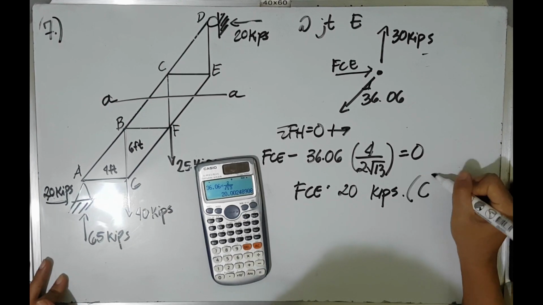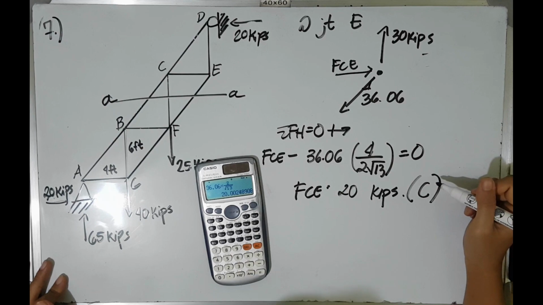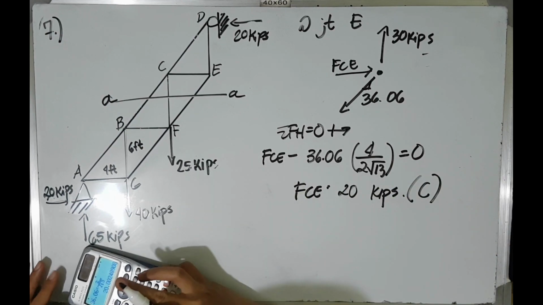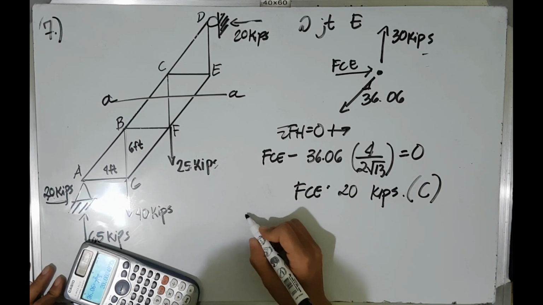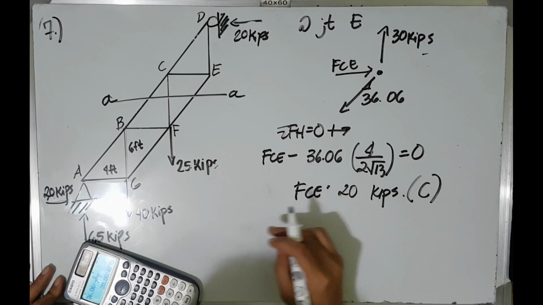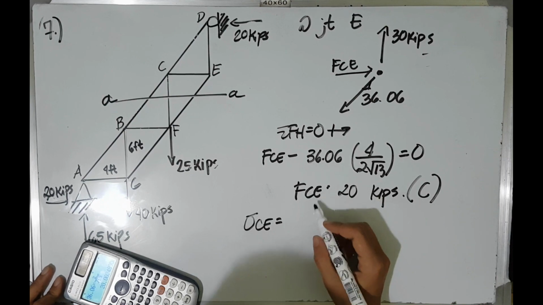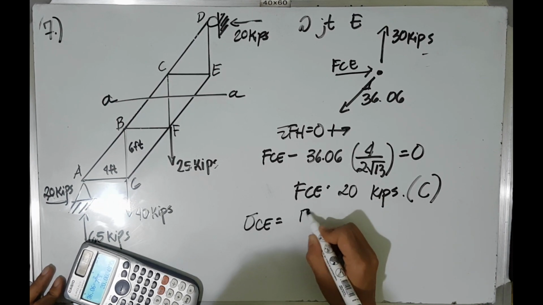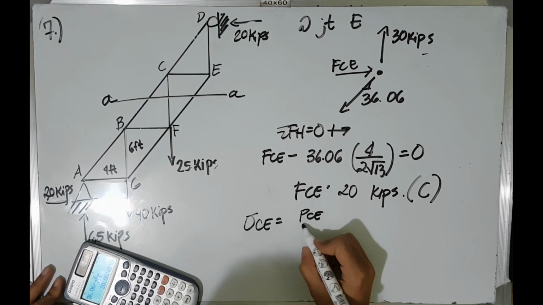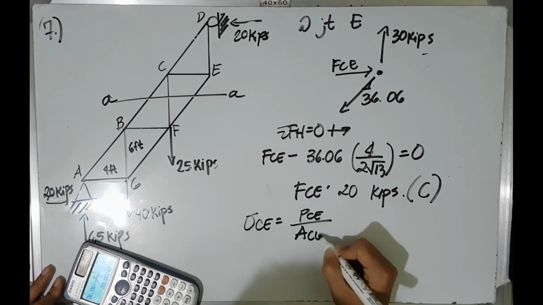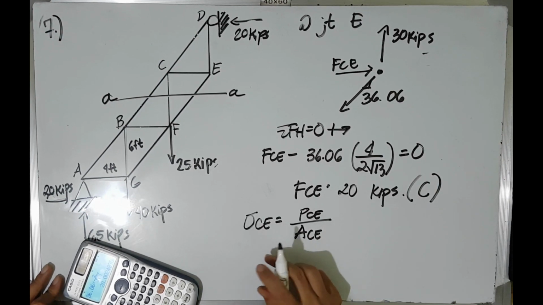So we're now ready to solve for the areas in member BC and member CE. So in member CE, since it is in compression, the stress is equal to 14 kilopounds per inches square.